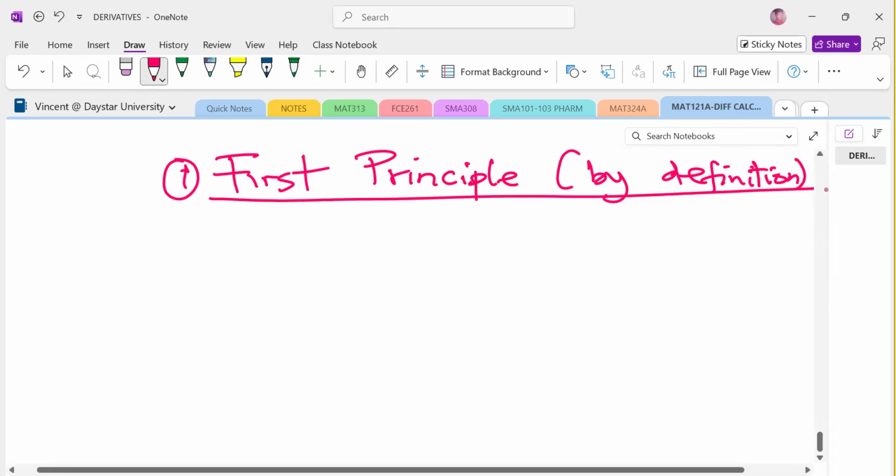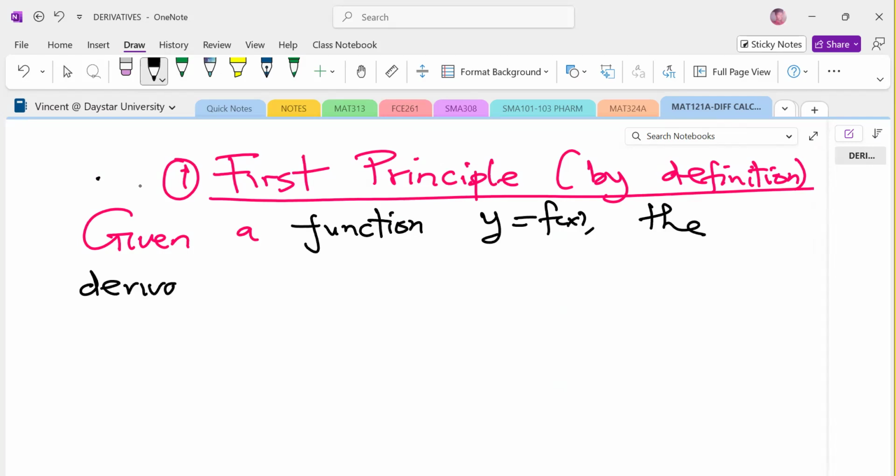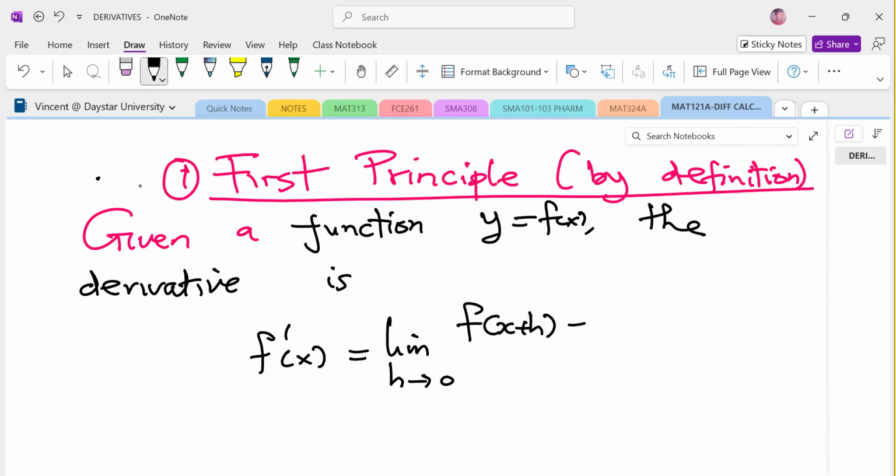So given a function y equals to f of x, the derivative f prime of x is limit as h approaches 0 of f of x plus h minus f of x divided by h.